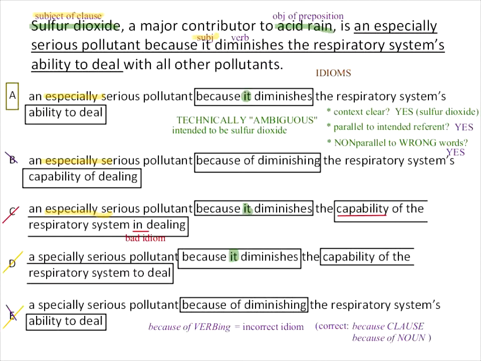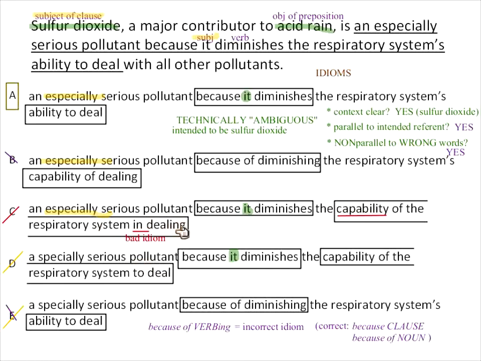And then capability to deal is not right. It's ability to deal. It's usually a capability of and an ability to. Although I'm not sure on this one. I'd have to look at other problems involving capability to really make a judgment here.